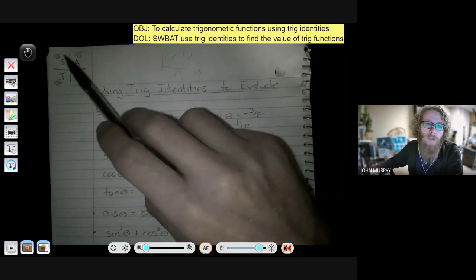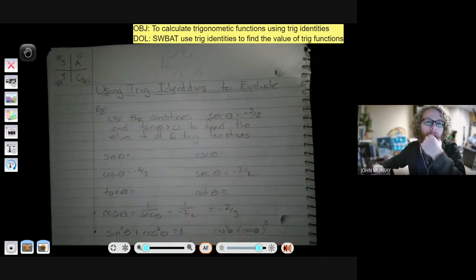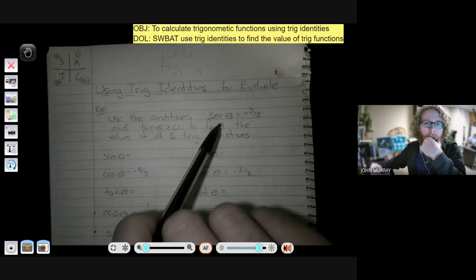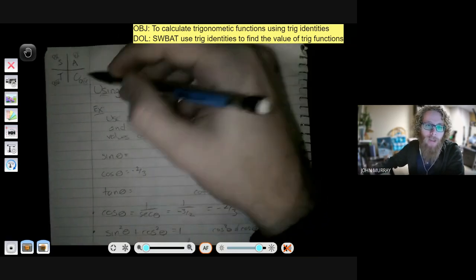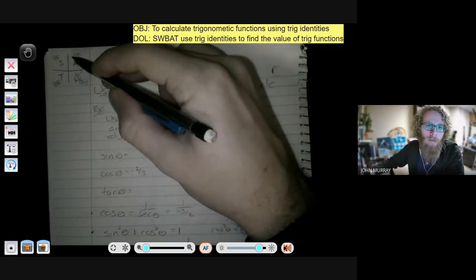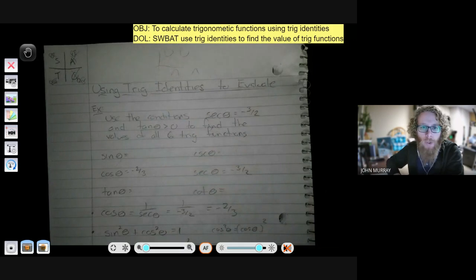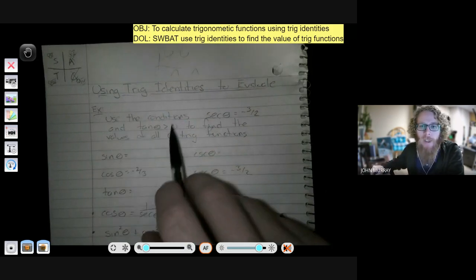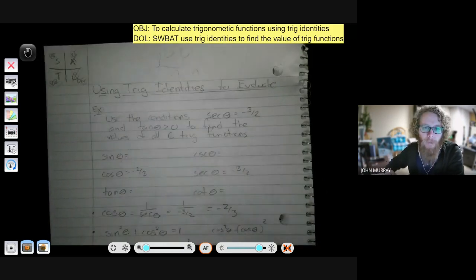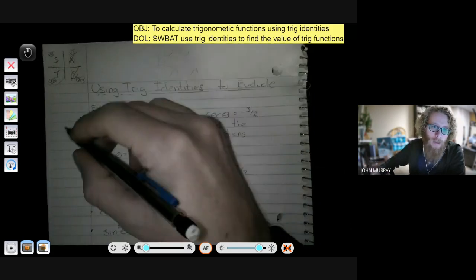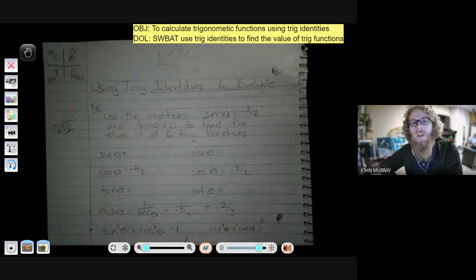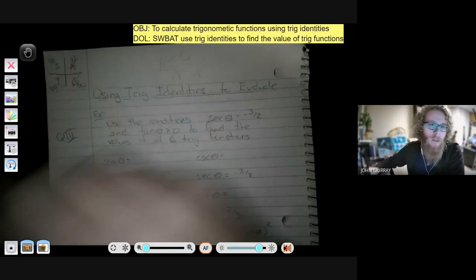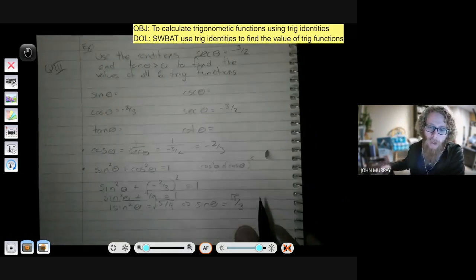And it tells me what trig function is positive in which quadrant. From what they told us, I know that the cosine is negative, so it's not going to be the first or the fourth quadrant. And the tangent is positive. So again, I don't know what my angle is, but I know it's in quadrant 3. I know it's going to be down here.